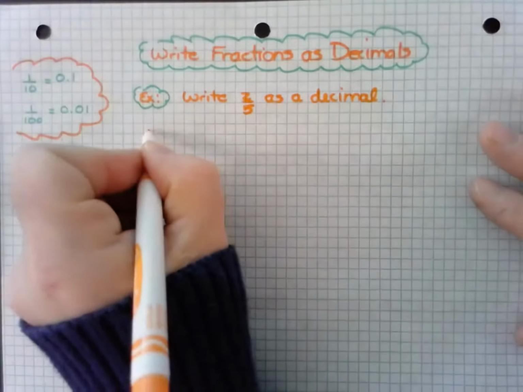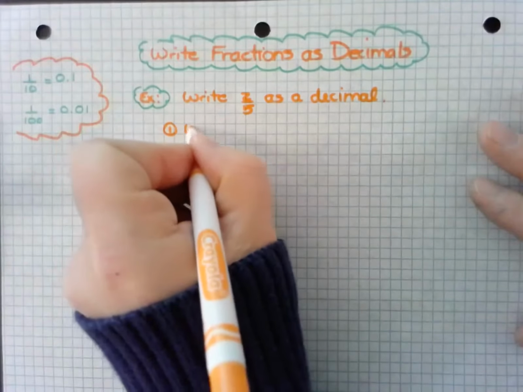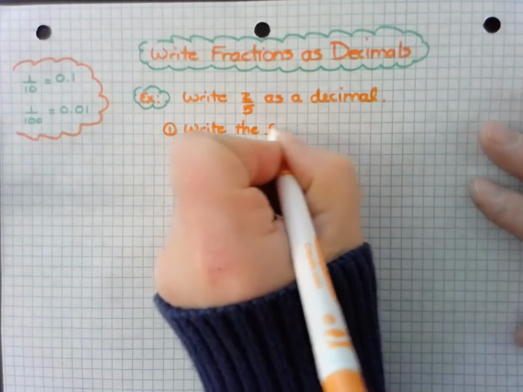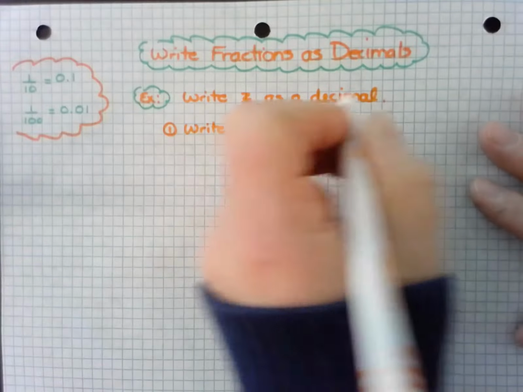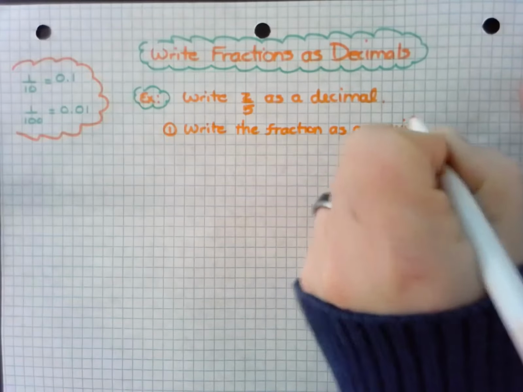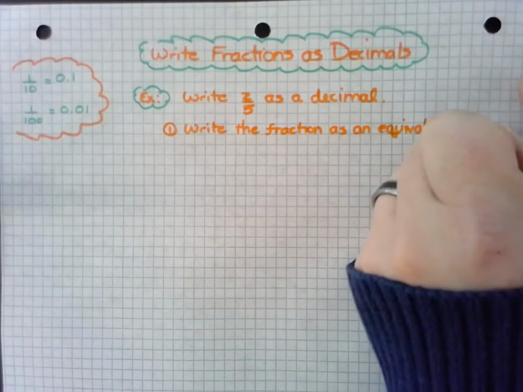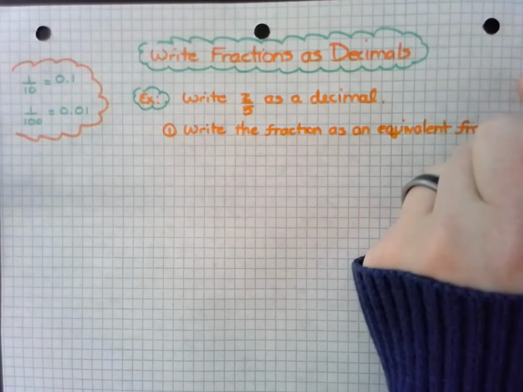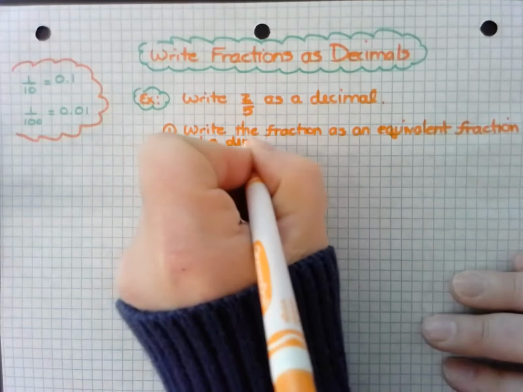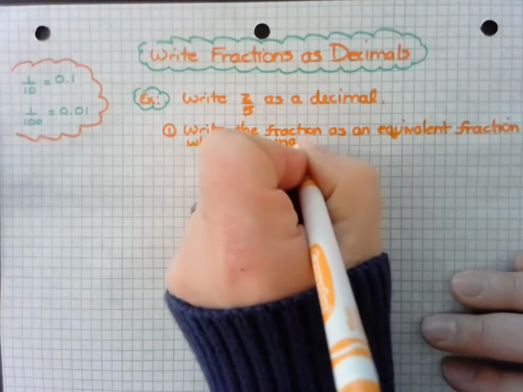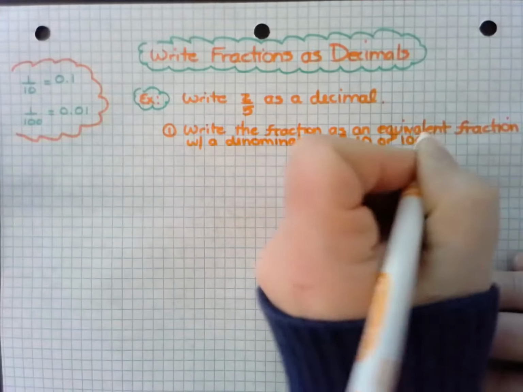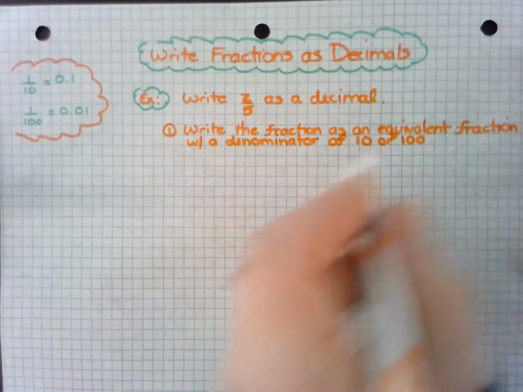So our first step is to write the fraction as an equivalent fraction with a denominator of 10, or 100. And this also goes for a thousandths place if we really wanted to go out further.